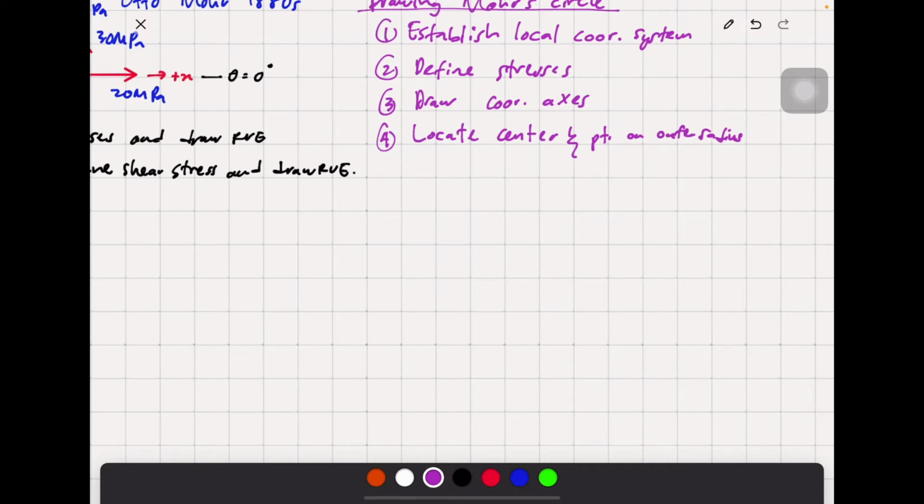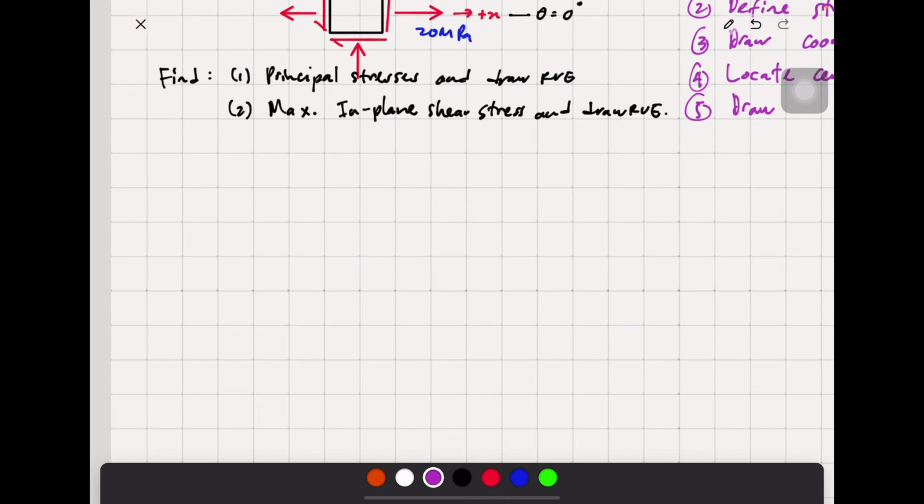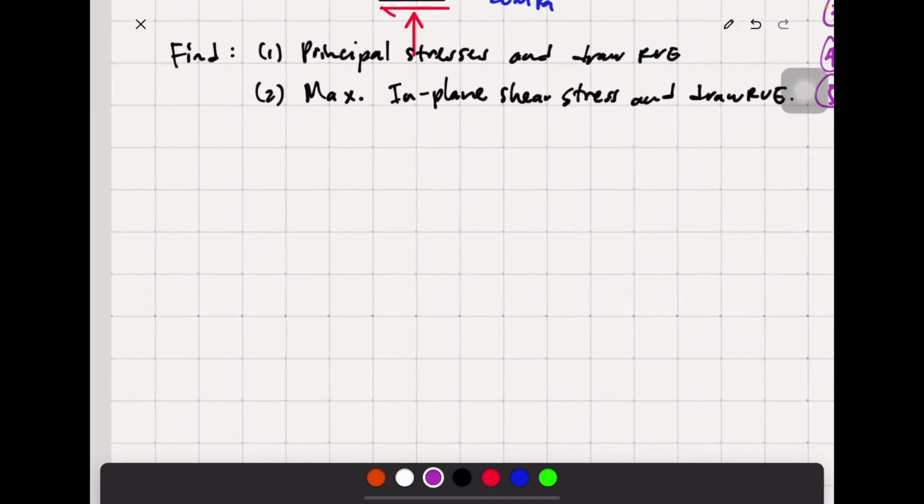So simply in order to draw a circle, we need to have at least 2 data points. Then only we can draw our Mohr circle. Alright, the beauty of Mohr circle, whenever you have the circle, you can pretty much answer the characteristics of the stresses on the stress element.